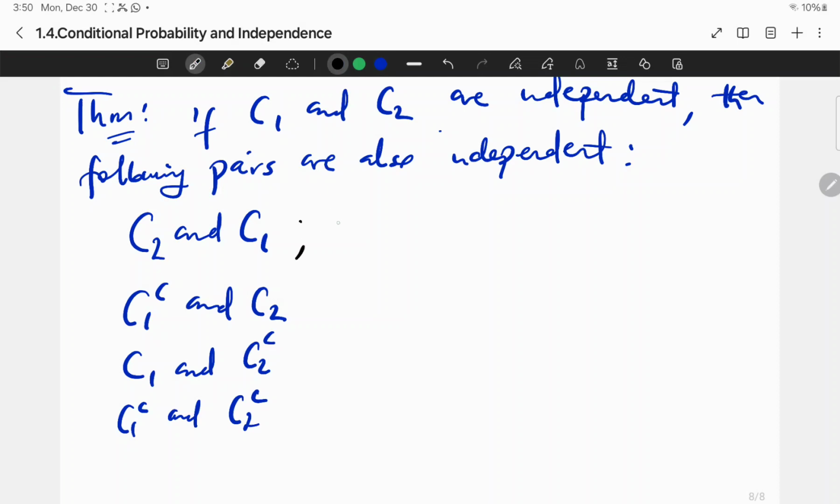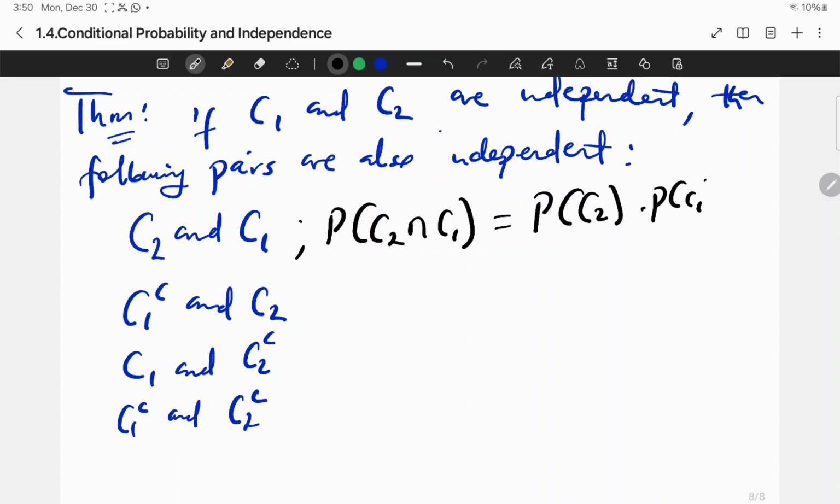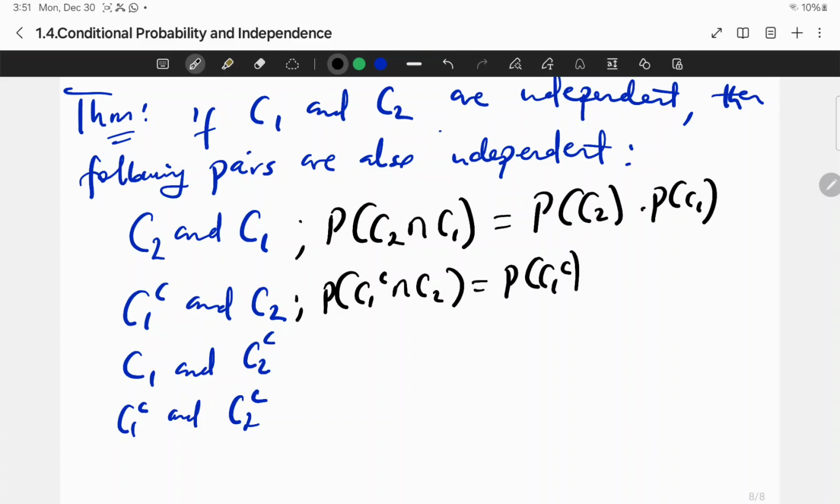That is, the probability of C2 intersection C1 is equal to the probability of C2 times the probability of C1, and this is the probability of C1 complement intersection C2 equals the probability of C1 complement times the probability of C2.